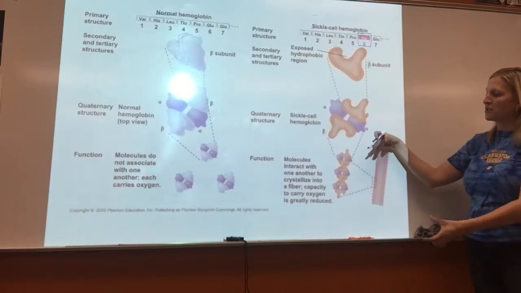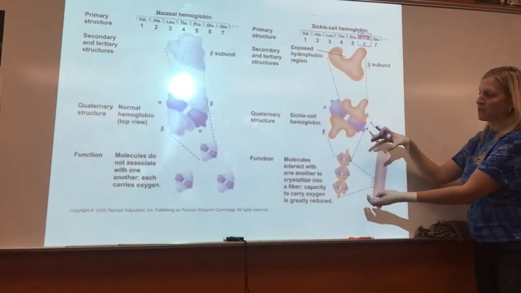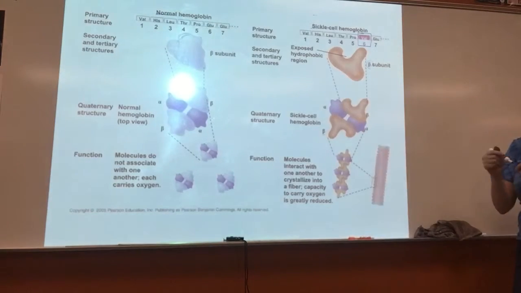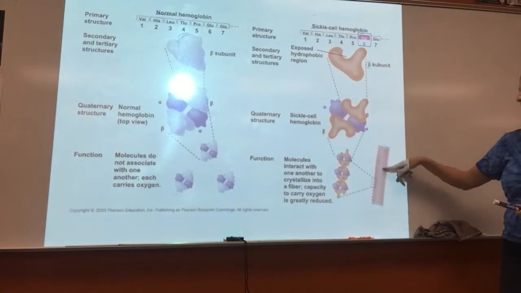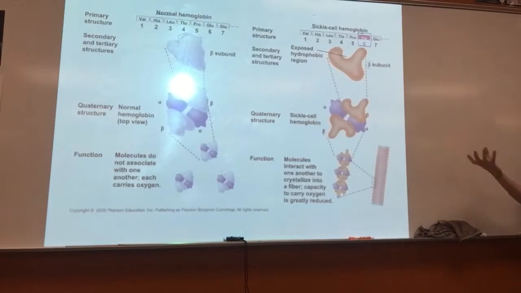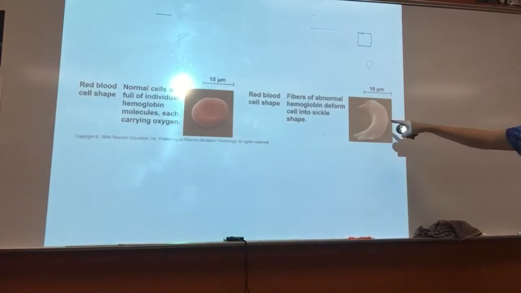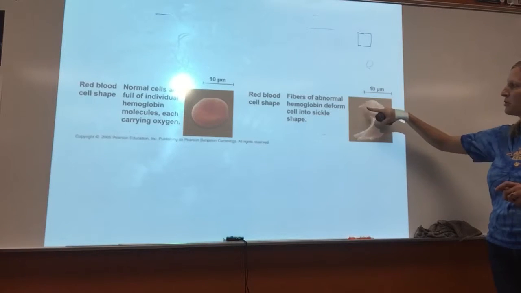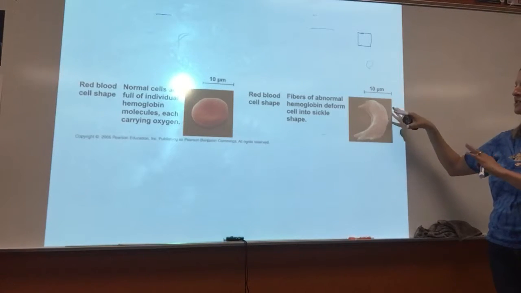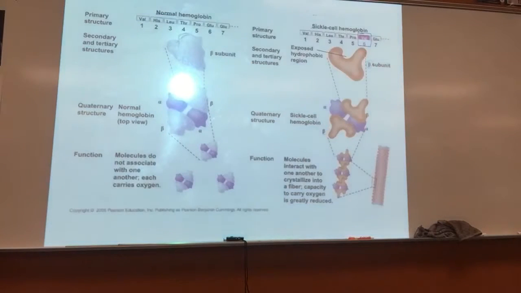And so now they actually bond together, they crystallize into a fiber, and that affects the ability to carry oxygen. That's what's happening to the hemoglobin in this red blood cell, and so it affects the shape of the red blood cell as well, and greatly reduces the oxygen.